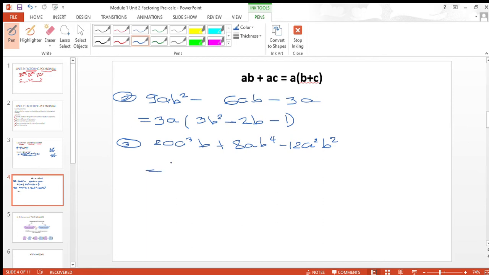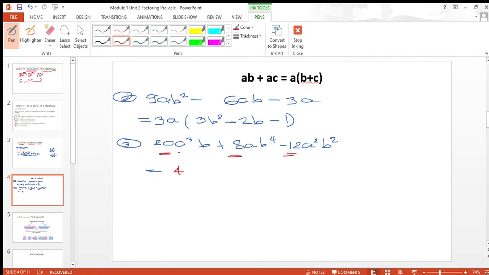So let's observe. For our numerical coefficients, we have 20, 8, and 12. We can factor out 4. 20 can be divided by 4, 8 can be divided by 4, 12 can be divided by 4.